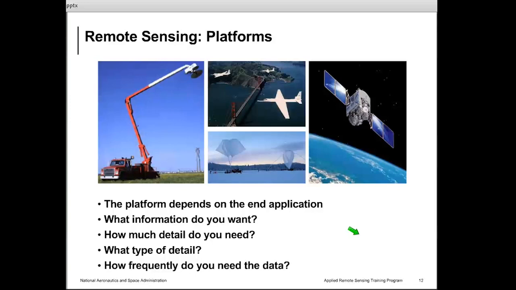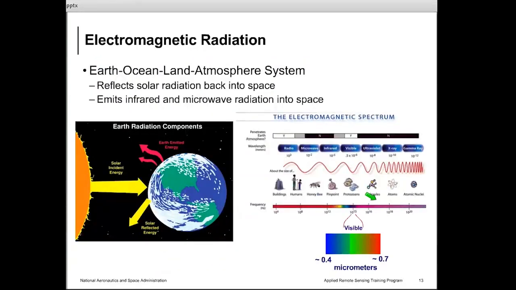These are very useful when you want information about atmospheric components at different heights. You can also fly airplanes with remote sensing sensors, and they are very useful for getting specific information over a specific area. And then the satellite is of course one of the most useful remote sensing platforms. I will be focusing mostly on satellite remote sensing in this presentation and discussing how this works in this webinar series.